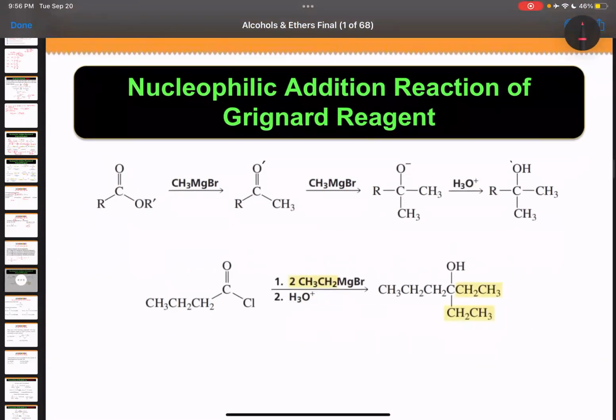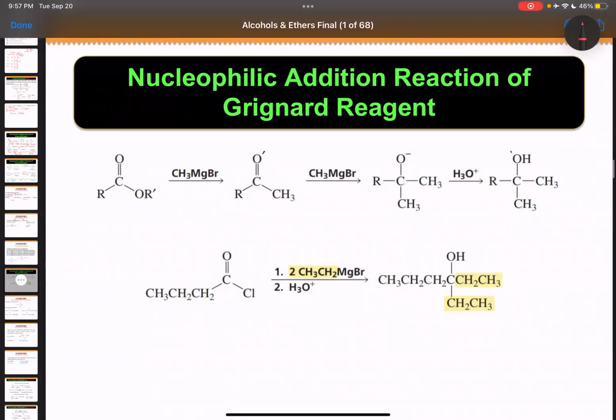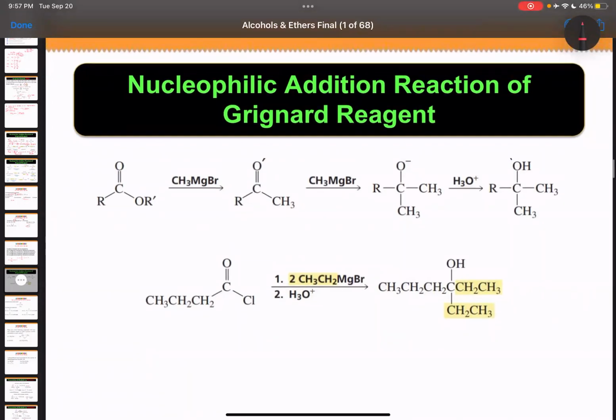And where else can the Grignard add? What will happen if the Grignard adds to carboxylic acid derivatives? Yeah, tell me. Sir, can you repeat, sir?